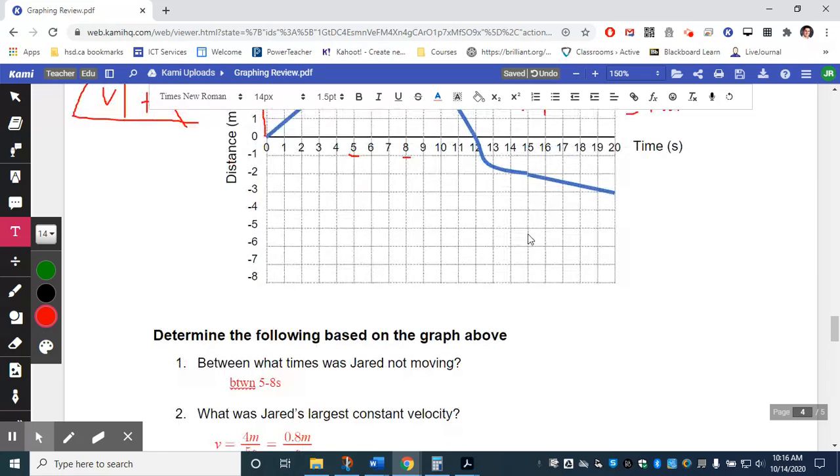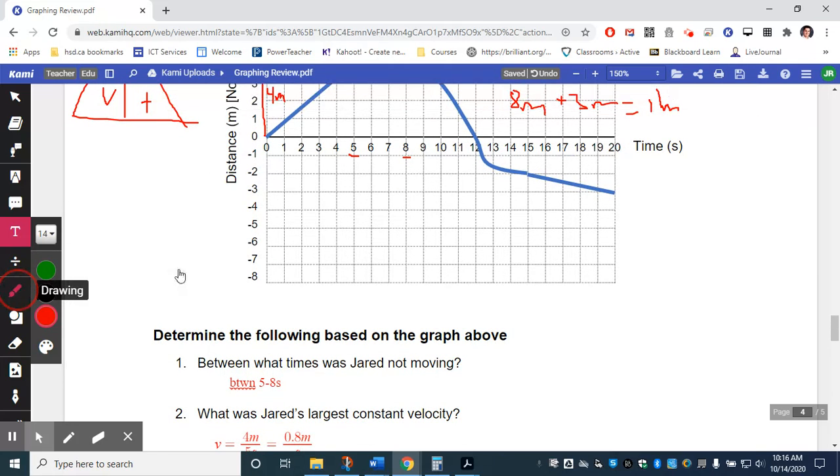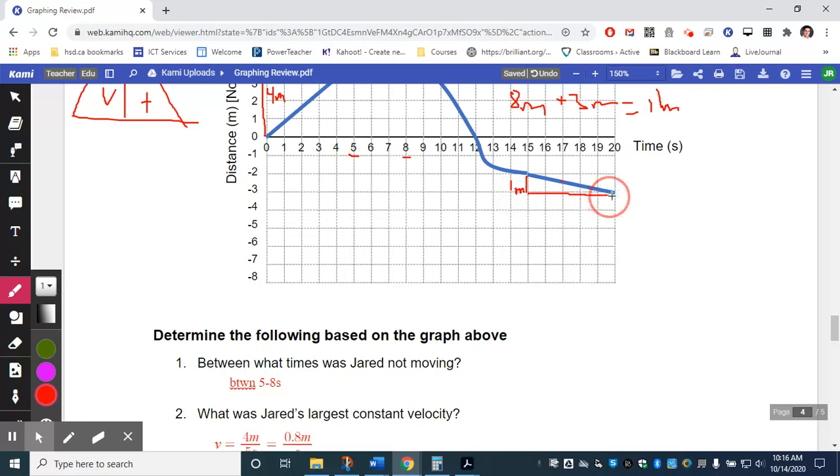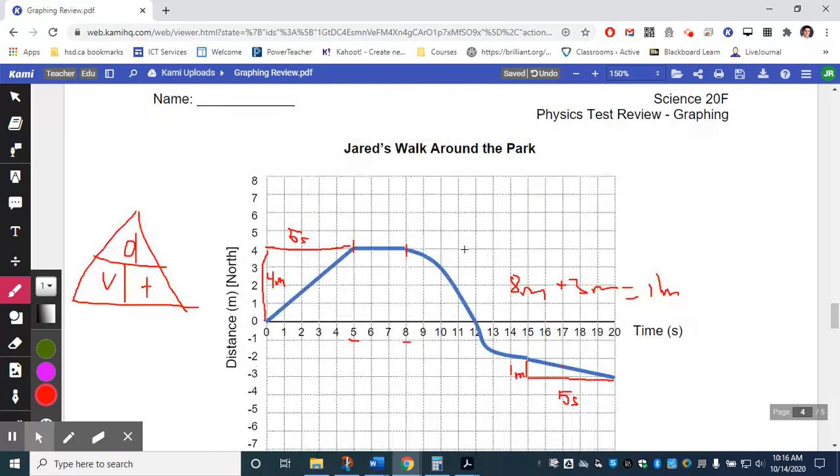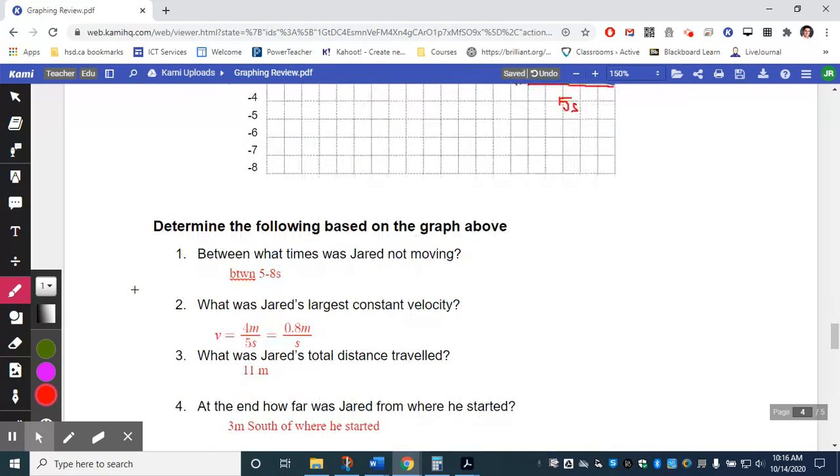What was Jared's velocity at 17 seconds? Okay, well, at 17 seconds, that's right here. How do we find the velocity at a single point? Well, he's on a line and he's traveling at constant velocity this whole time. So we just have to know, what distance did he travel? Well, he traveled 1 meter, right? Over a period of how long? 5 seconds. Now we have a distance and a time. We can find a velocity.